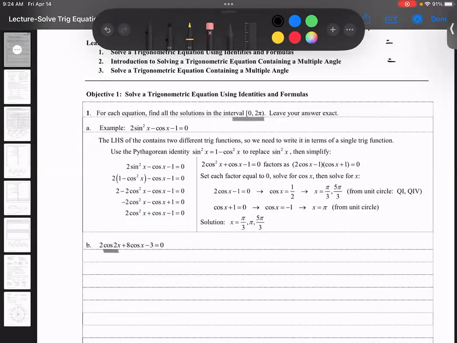So that one right there is 2 cosine squared x minus 1, and then bring the 2 down. That 2 is separate.